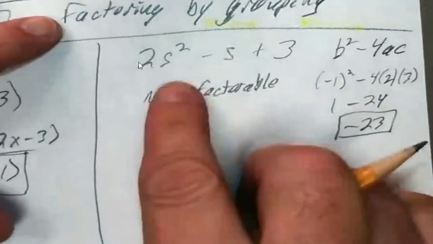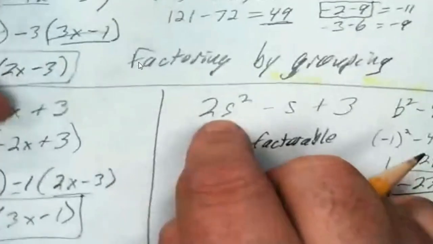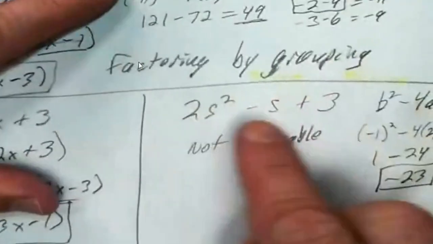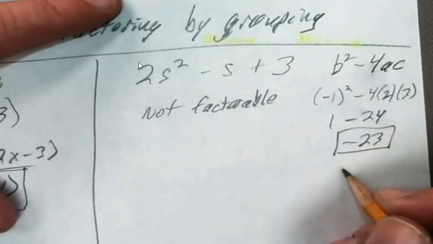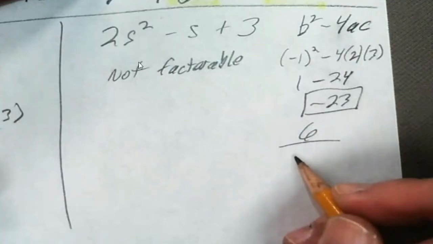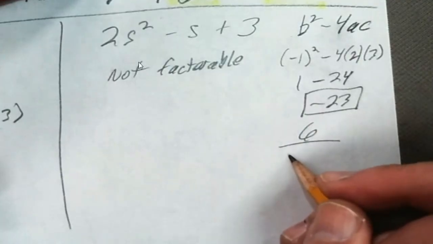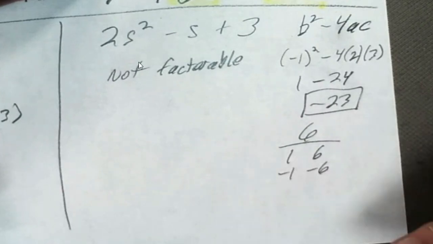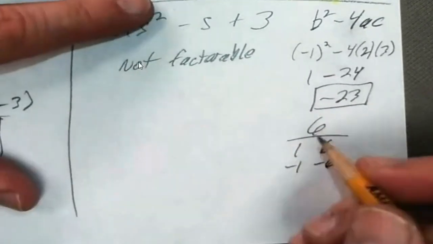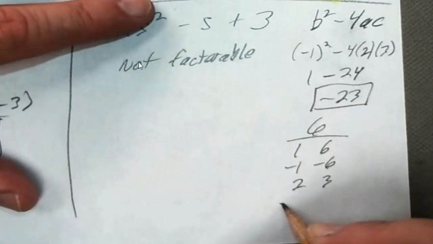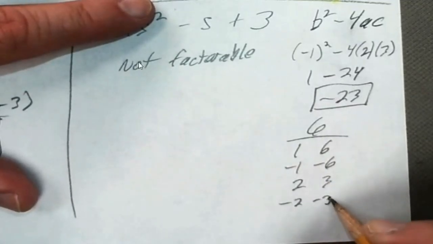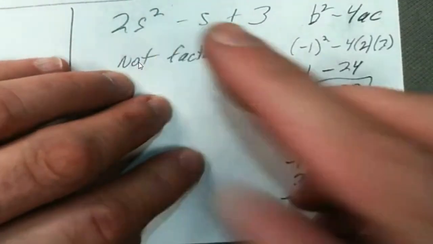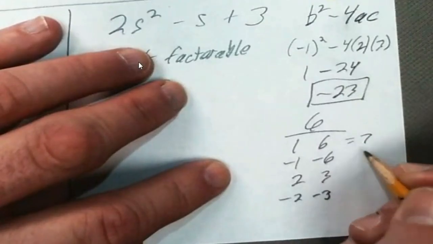If we forget to check this and we just start going through our method, oh, okay, I need to multiply 2 times 3. Well, that's 6. What are the factors of 6? It could be 1 times 6 or negative 1 times negative 6, because either one of those would multiply to be 6, or 2 times 3 or negative 2 times negative 3. That would all work. If I add these together, they have to equal negative 1. So that equals 7.